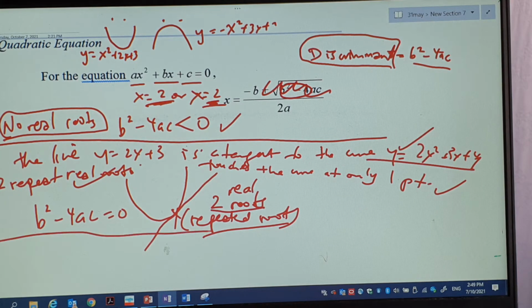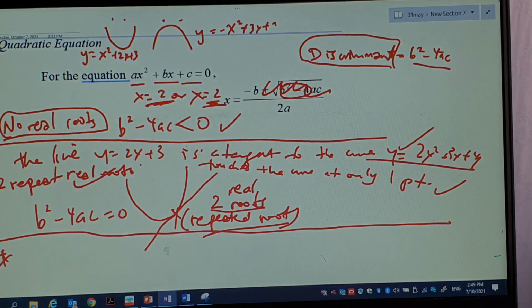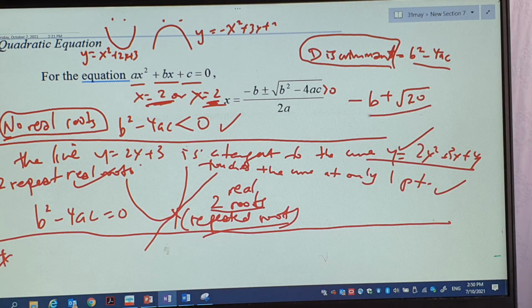Okay, now the third one, more or less the last one, is when this is greater than 0. Now, greater than 0 means maybe 1, 2, 3, 4. So when you take minus b plus a number greater than 0, let's say 20, over, let's say, another 25, 23 or whatever, you have plus and then you have another minus.